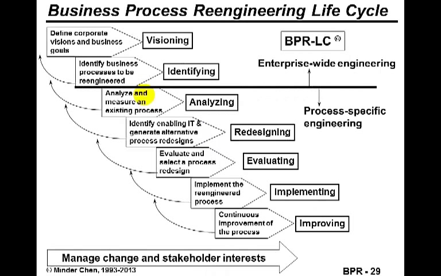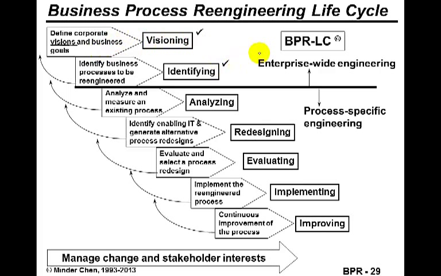This is a version of a business process reengineering life cycle that I created. It's a 7-step process. The first step is visioning: try to identify the corporate vision and business goals.